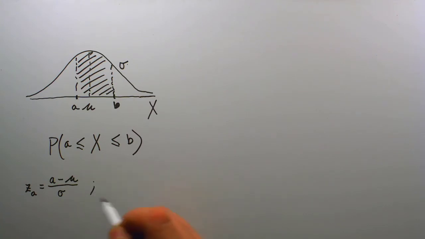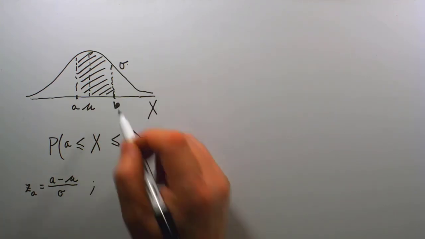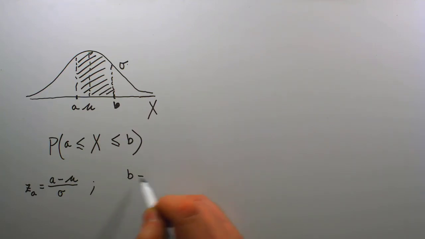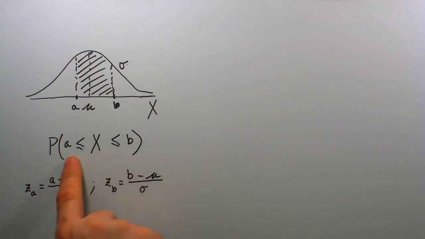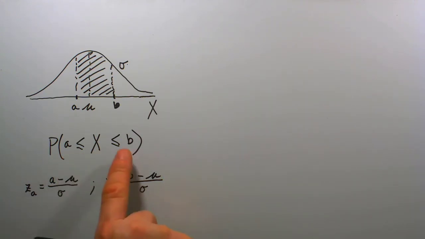I am going to repeat again, but for the upper value of the interval, the value minus the mean divided by the standard deviation sigma, and that will calculate for us the z-score of our upper value, z-score of b.